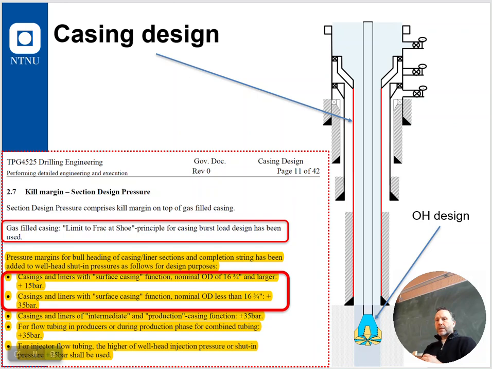And of course, it says here in the first red box, gas filled casing. That would be the gas that comes from the formation in a situation where you have had an incident.